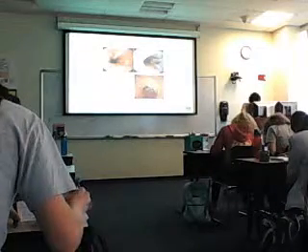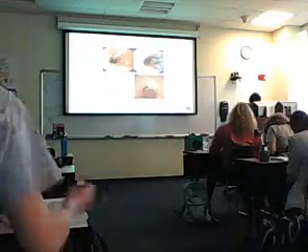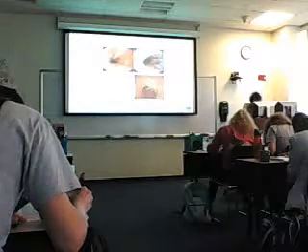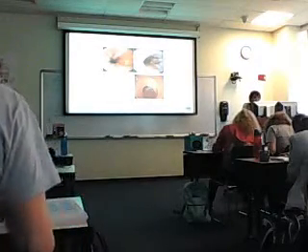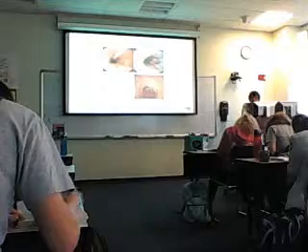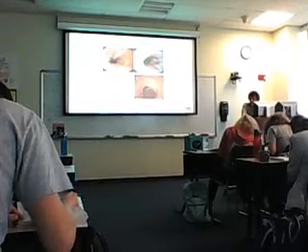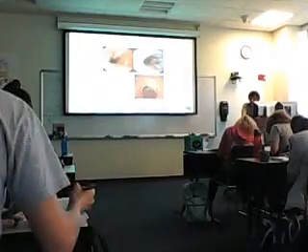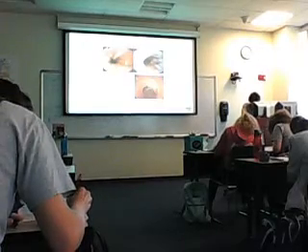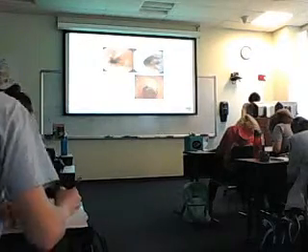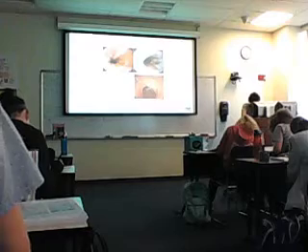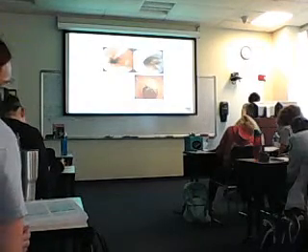And squamous cell carcinoma is the type of cancer of the esophagus that people get if they drink and they smoke. Smokers and drinkers are predisposed to the development of squamous cell carcinoma.